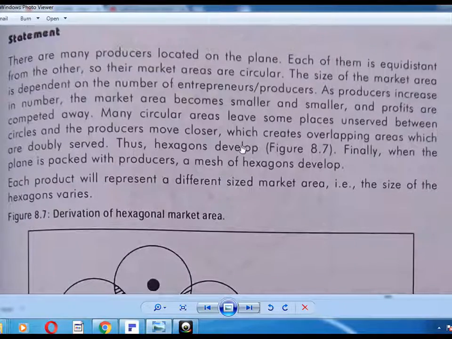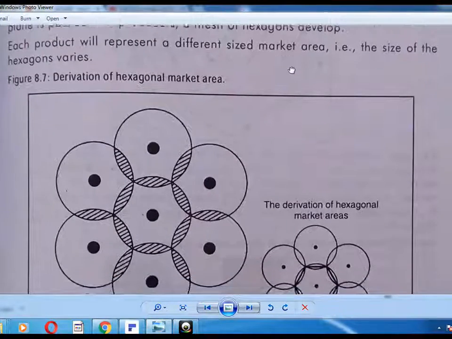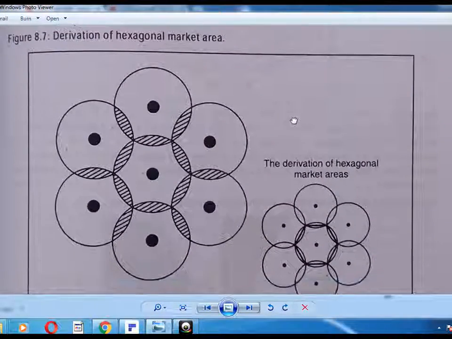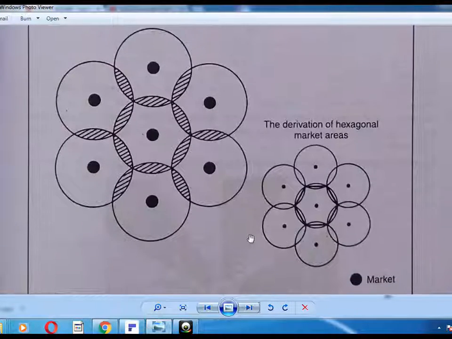Many circular areas leave some places unserved, and the producers move closer, which creates overlapping areas which are doubly served. The hexagons develop. Finally, when the plane is packed with producers, a mesh of hexagons develops. Each will represent a different size market area. So here you can see the derivation of hexagonal market areas.